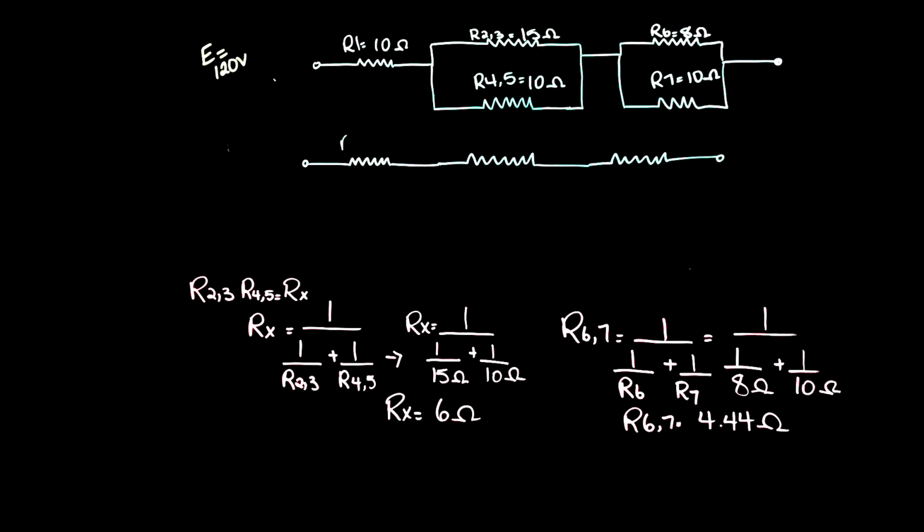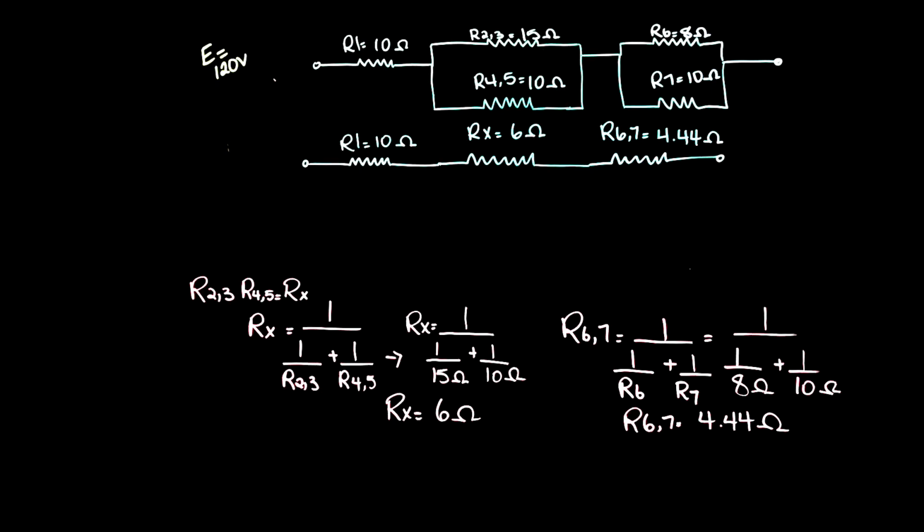So resistor 1 is 10 ohms, Rx has a value of 6 ohms, and R6,7 has a resistance of 4.44 ohms.